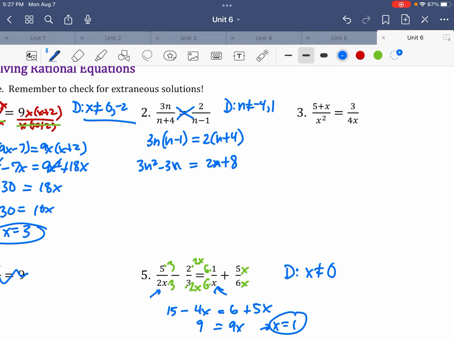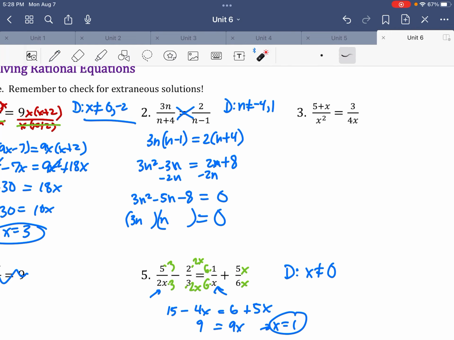Oops, not x. So I have a 3n squared on the left. I'm going to be stuck factoring here, so I need to bring everything to the left. Take away 2n, so I have 3n squared minus 5n, and then bring that 8 over, minus 8. All right, let's factor this. Let me just try a few.